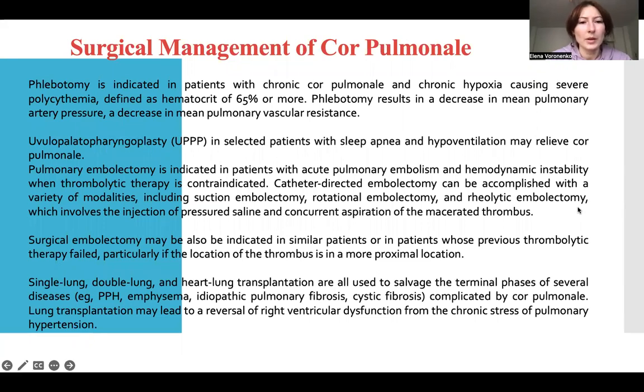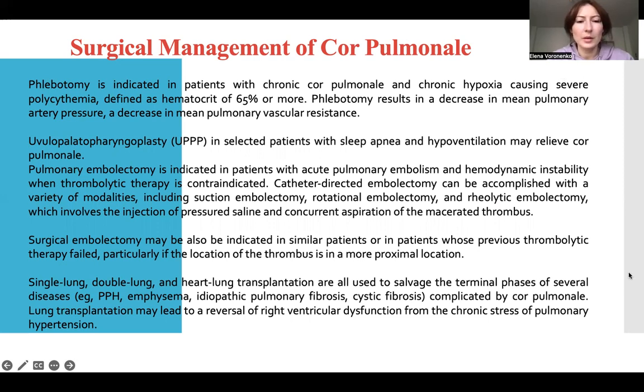Pulmonary embolectomy is indicated in patients with acute pulmonary embolism and hemodynamic instability when thrombolytic therapy is contraindicated. Catheter-directed embolectomy can be accomplished with a variety of modalities, including suction embolectomy, rotational embolectomy, and rheolytic embolectomy, which involves the injection of pressurized saline and concurrent aspiration of the macerated thrombus.